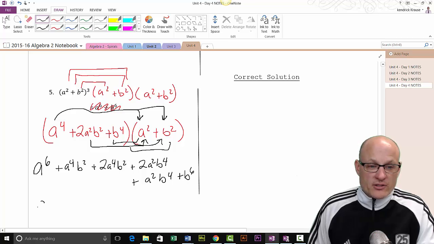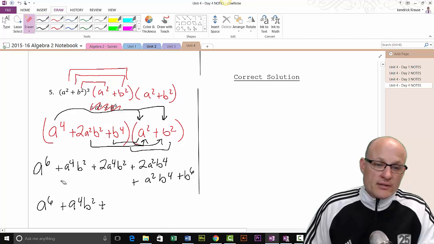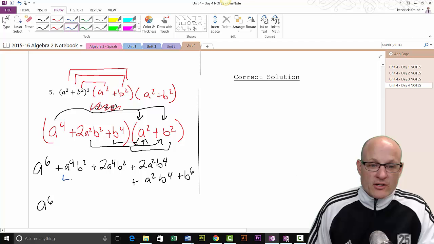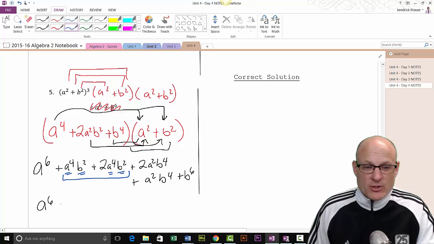So my final answer here is a to the 6th plus a to the 4th b squared plus, oh, wait a second now. Hold on there. These two things are exactly the same. They both have an a to the 4th, and they both have a b squared. So those can be combined. They're like or similar terms.